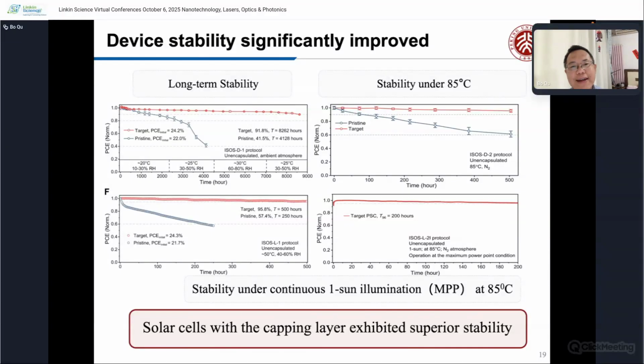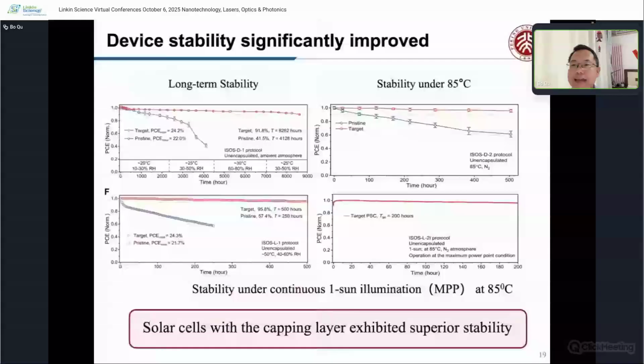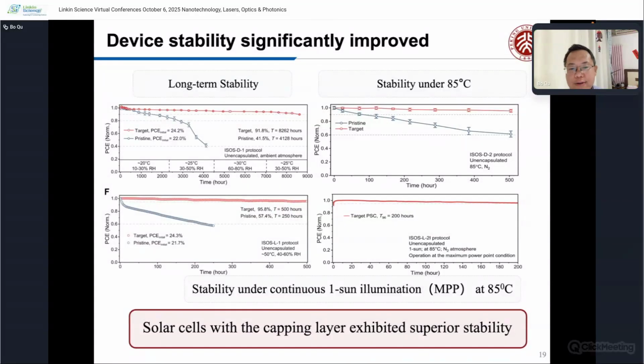We also studied the long-term stability, the stability under 85 degrees Celsius, and the stability at MPP. All the experimental data showed that the solar cells with the capping layer exhibited superior stability.